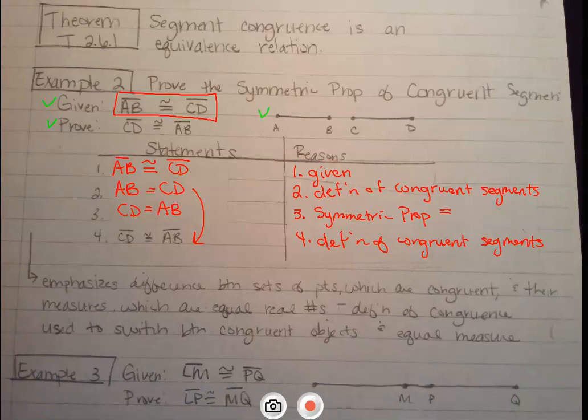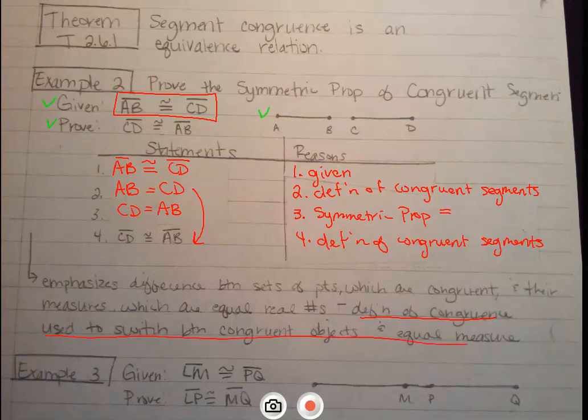Okay, so this is emphasizing the difference between sets of points which are congruent and their measures which are equal real numbers. The definition of congruence is used to switch between congruent objects and equal measures. So that might be helpful for you to underline or highlight.